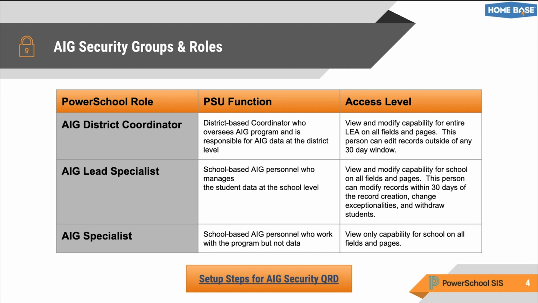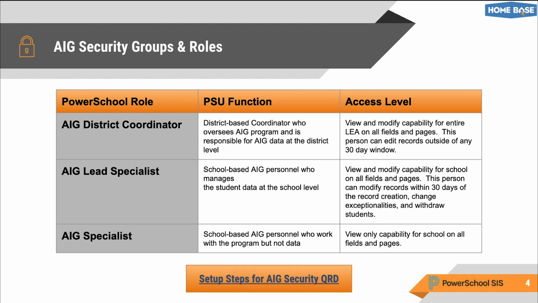So you could have more than one AIG district coordinator or more than one person assigned that PowerSchool role. That is really up to an individual district. So we don't have any set ideas about how many individuals in your district fit into each of those categories. That's really going to be determined by the way you structure things in your district as to who has access to student records, who are the individuals inputting information, and how long should they have that access.